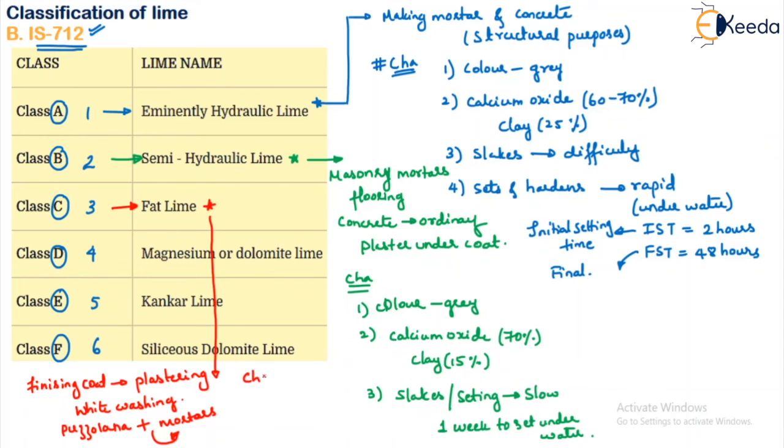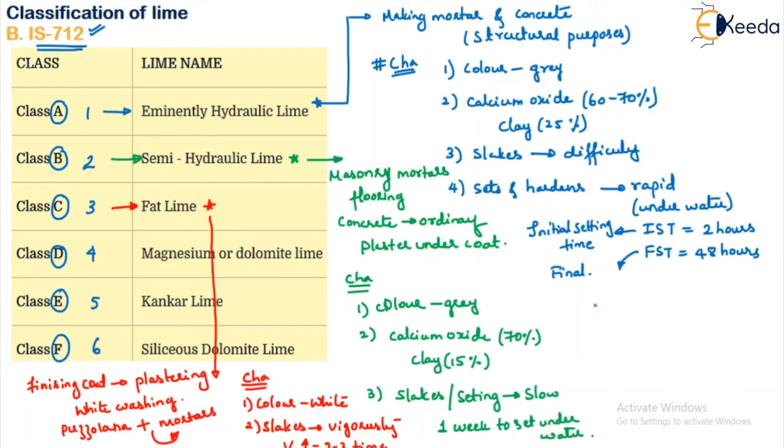Okay, now the characteristics of this particular lime: the color is generally white, it slakes very vigorously or rapidly, you can say, and also the volume increases by 2 to 3 times after the slaking has been done.